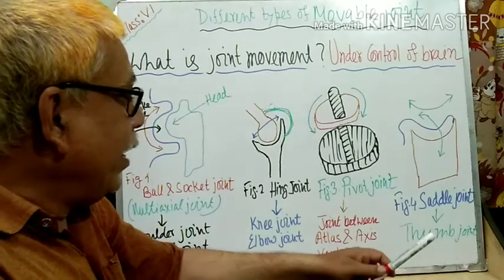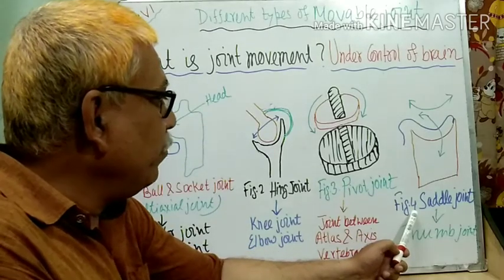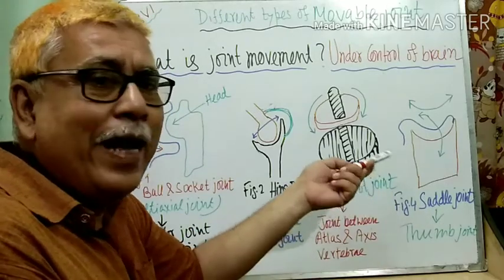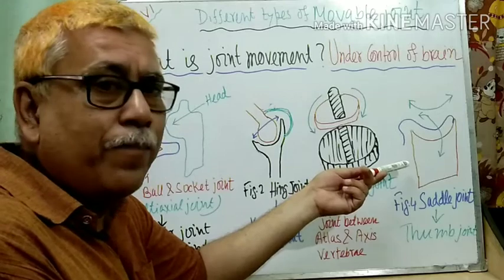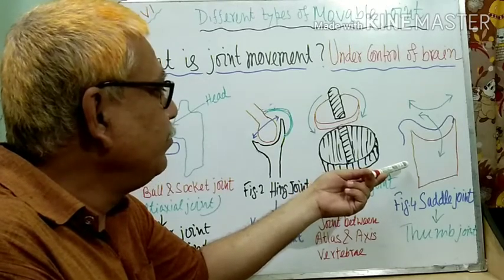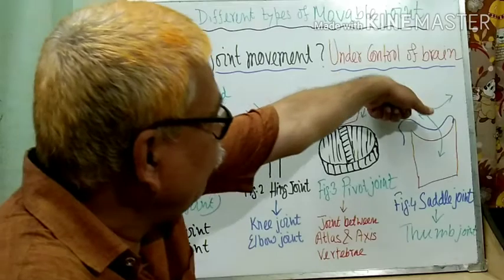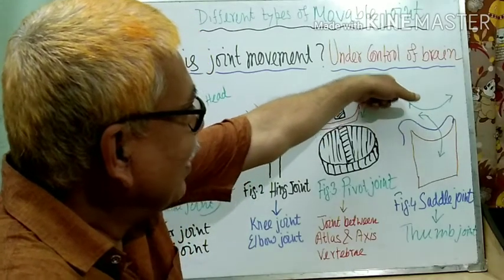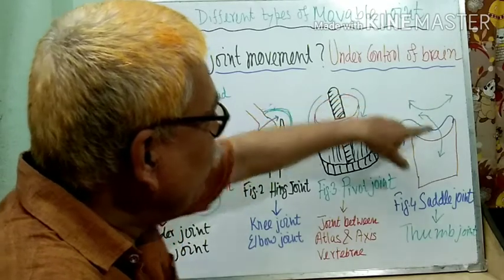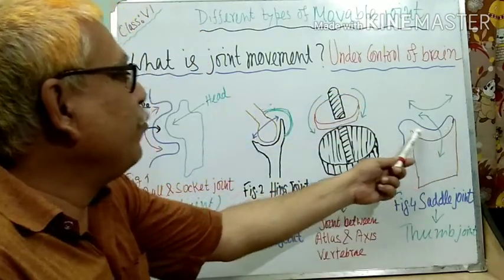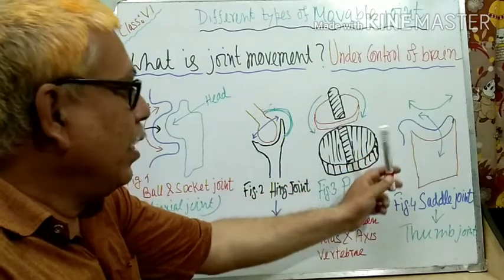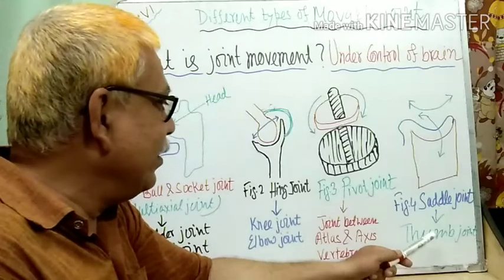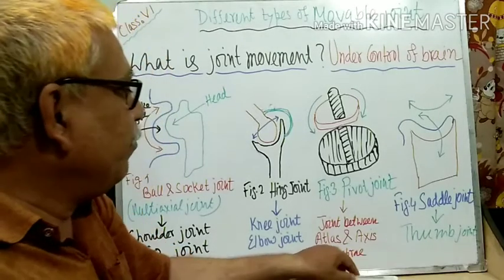And now look at this figure 4, saddle joint. This is one type of poorly developed ball and socket joint. Concave groove of one bone lies at right angle to another concave groove, and we find this type of joint in the thumb joint.